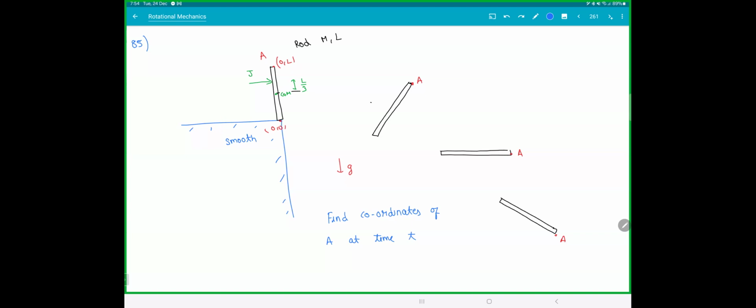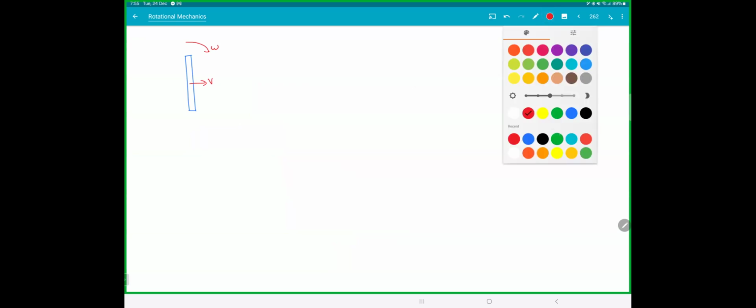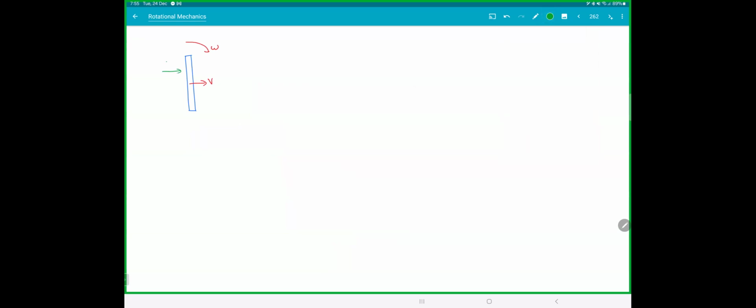First of all, just after collision, what are the velocities? Just after collision, let the velocity be v and let this be omega. We are giving an impulse J here at a distance of L by 3. So first, J is equal to mv.